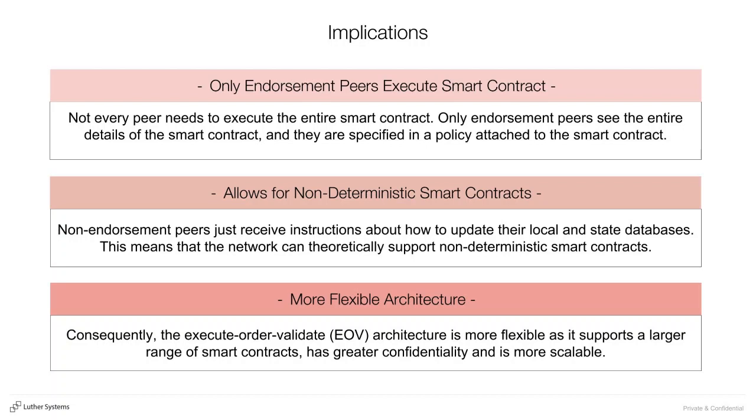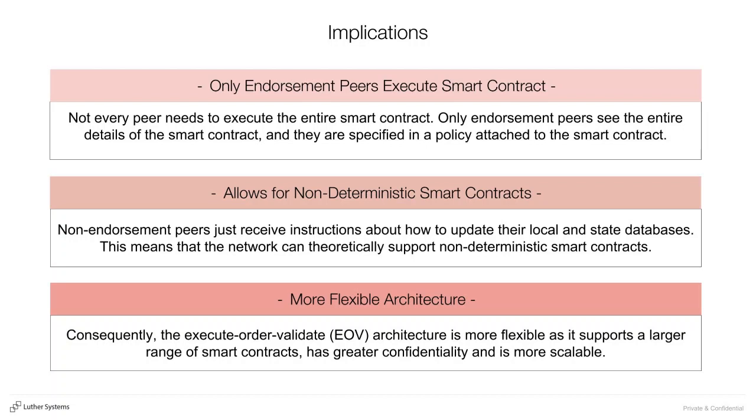Now, there's some questions of whether you actually would want to do this in practice, how that would be useful, but that's an example of how an EOV architecture is more flexible and supports a larger range of smart contracts than the traditional order-execute architecture.